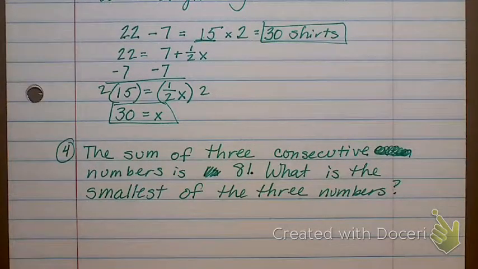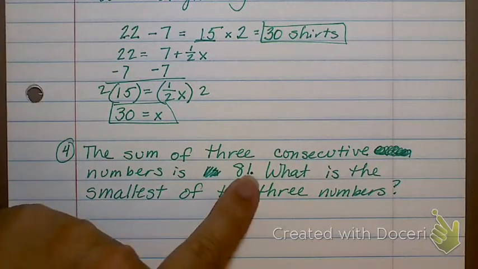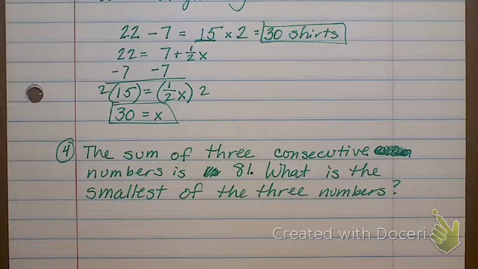All right. What does the word consecutive mean? That's the first thing you need to know in this one. Like in a row, like 14, 15, 16, 21, 22, 23. So you need to find 3 numbers in a row, consecutive, that when you add them together, you get 81. See if you can find that.